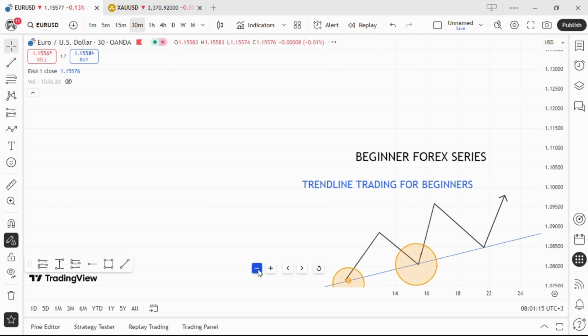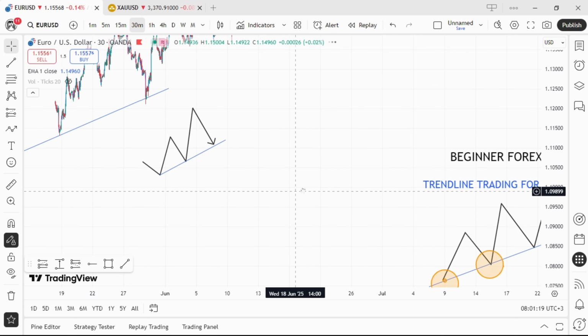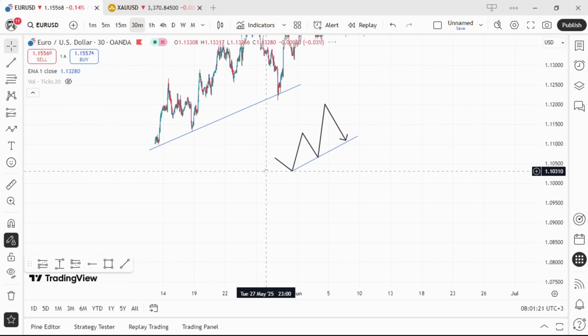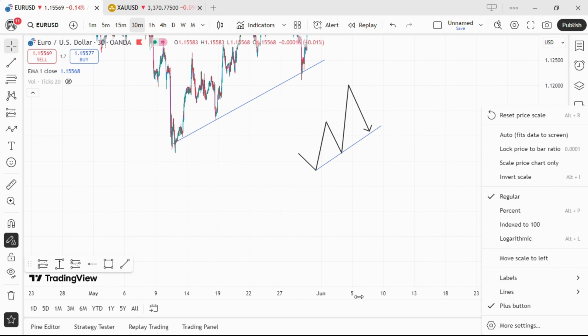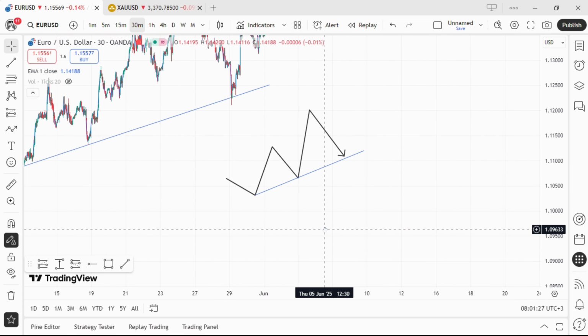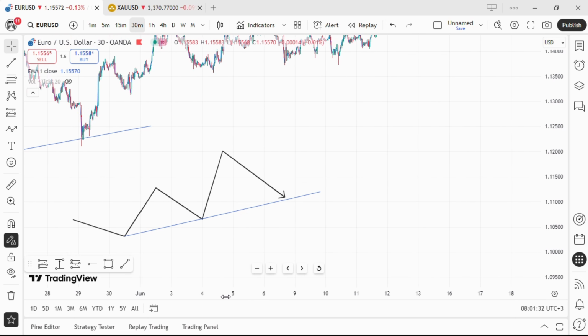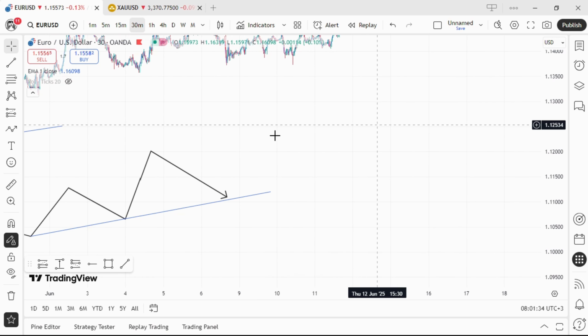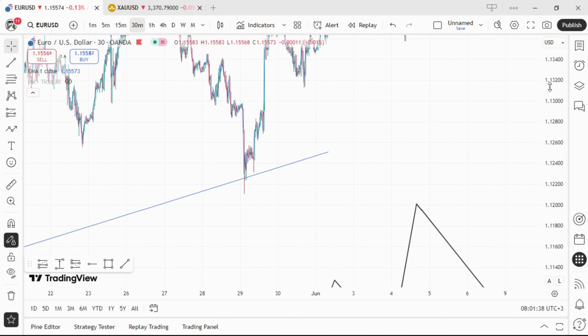You don't just pour in your trades. No. You need a breakout on M30 before you enter. So let me explain what I mean. For you people that have been following, these terms like breakout, I've talked about them so many times, so it shouldn't be something very new to you.